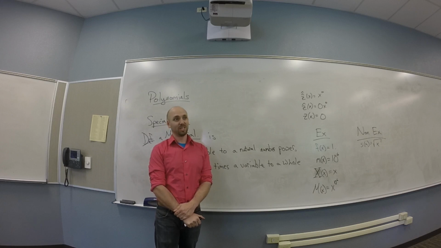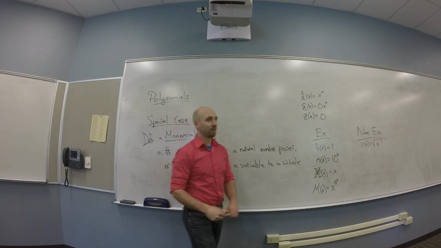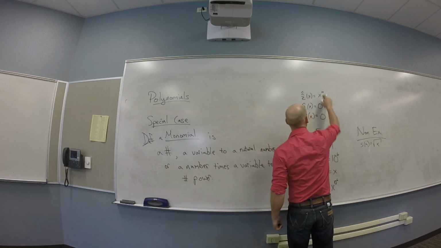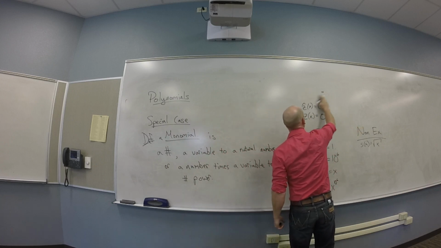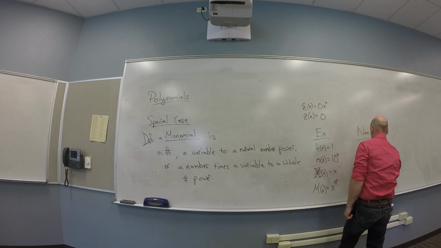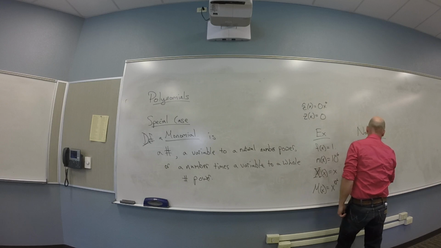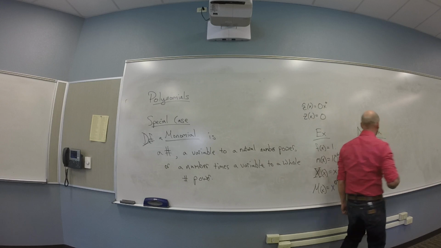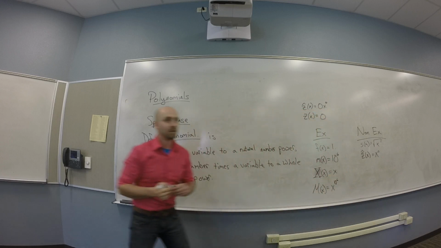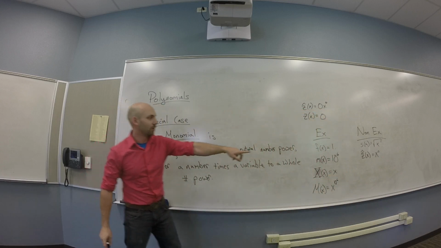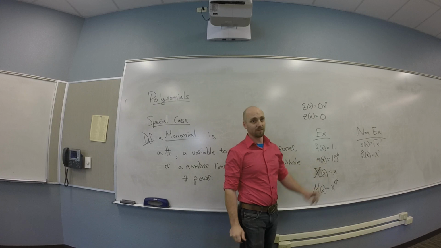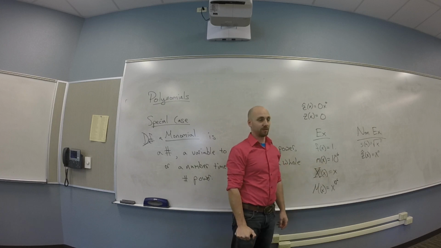I could make a definition for that, but I'd have to force something, and I don't really want to. So I'm going to put this guy back over there in my non-example file. The reason I put it in my non-example file is that 0 to the 0 is not 1. 0 to the 0 is undefined.